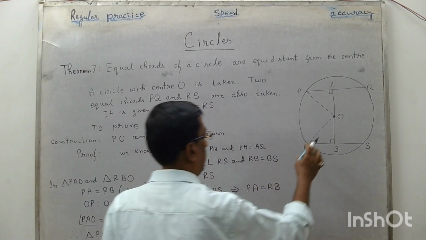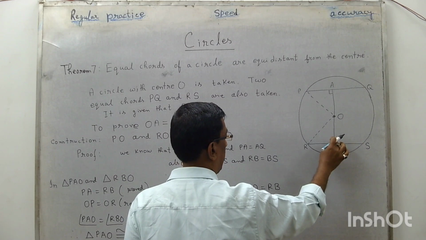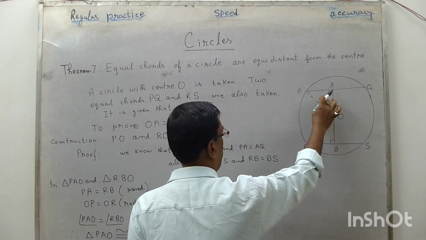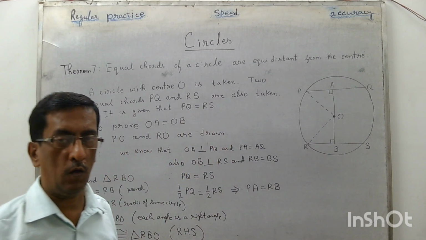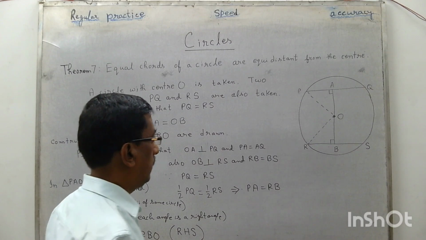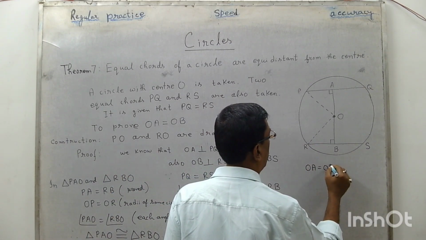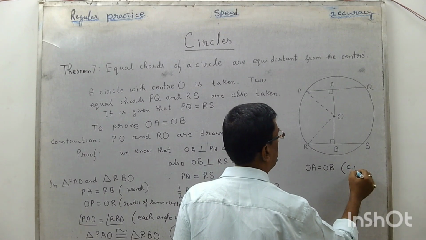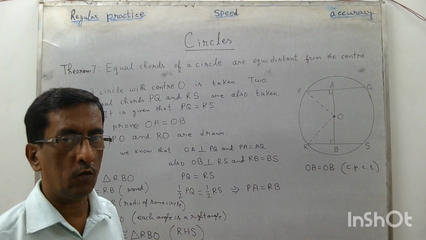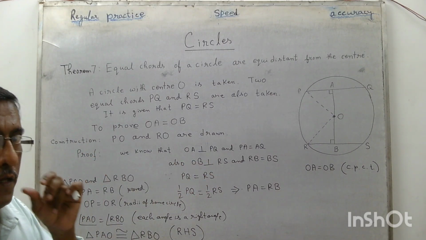You see, this is hypotenuse, this is also hypotenuse, this is right angle, this is also right angle, and this side equals to this side. So these two triangles are congruent, that means equal in all respects. So we can write here that OA equal to OB. It is by CPCT, corresponding parts of congruent triangles. And so it is proved that OA equals to OB.